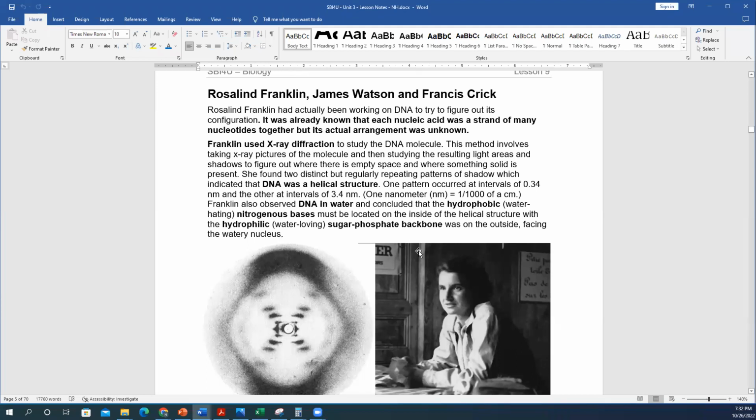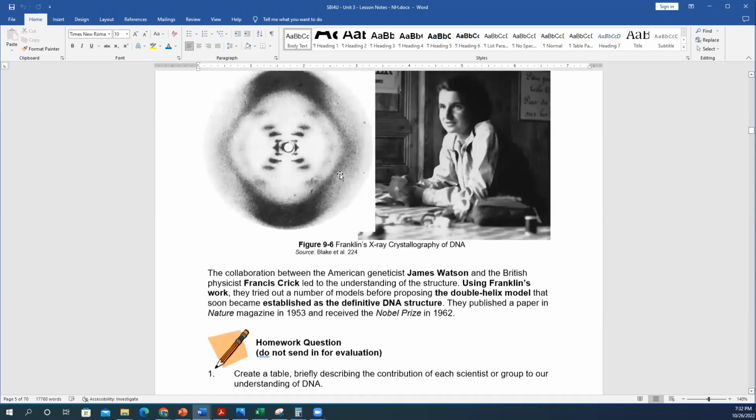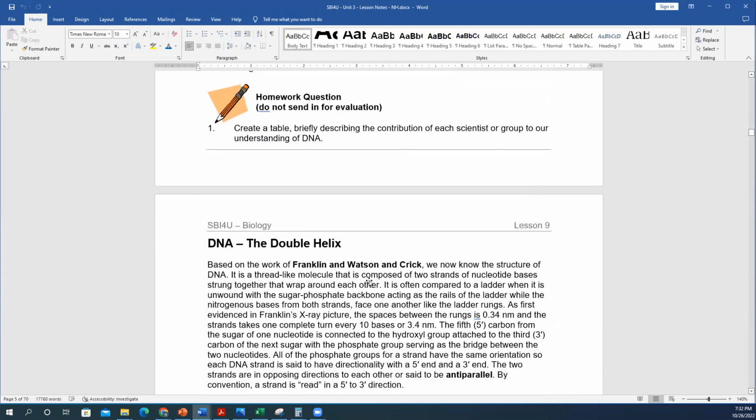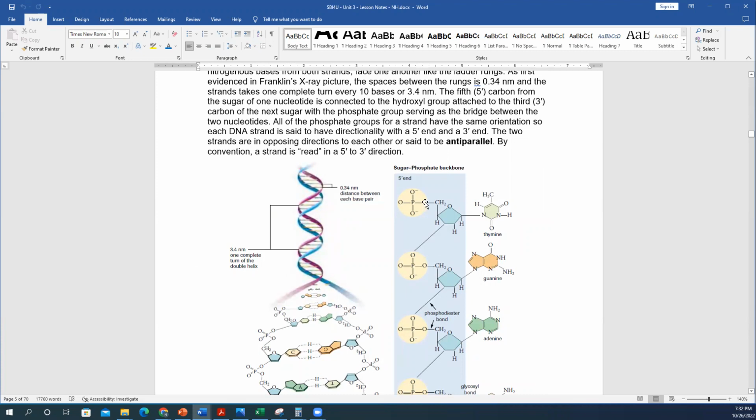And from that, they were able to together build the model, the double helix structure of DNA, where the backbone is made out of sugars and phosphates, and there's a directionality to the strands.